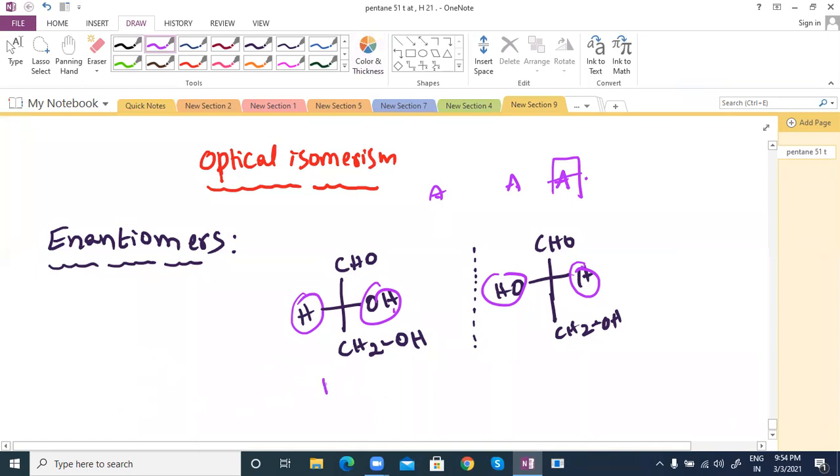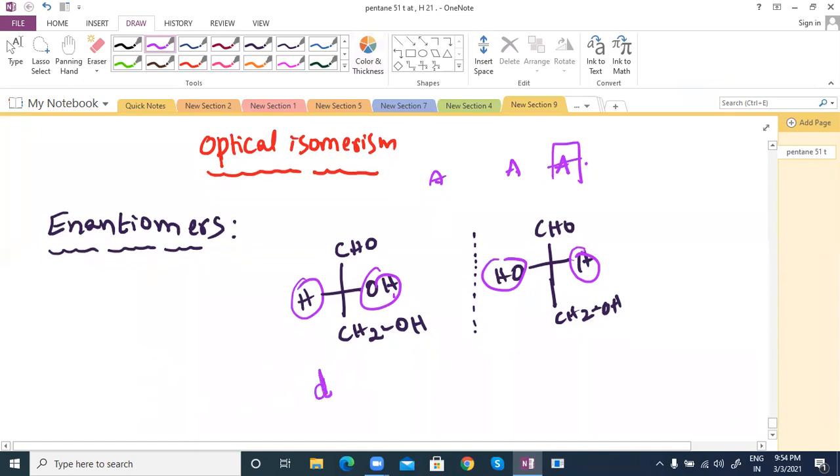Suppose this is D, meaning dextrorotatory or plus sign. This is L, levorotatory or minus sign. So these are the enantiomers.